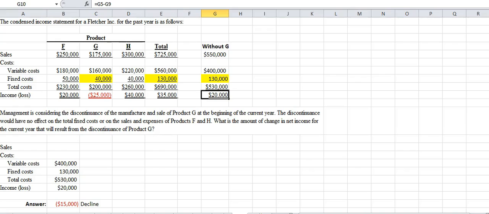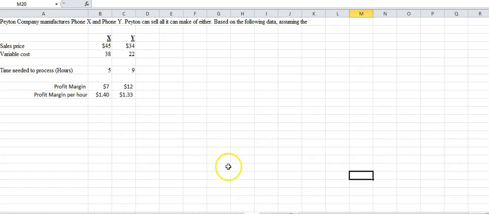Okay? And if I'm correct, I've reviewed maybe as much as 16, almost 1/3 of the whole exam in these problems alone. The last one has to do with allocation of scarce resources, okay? It says, Payton Company manufactures phone X and phone Y. Payton can sell all it can make of either.